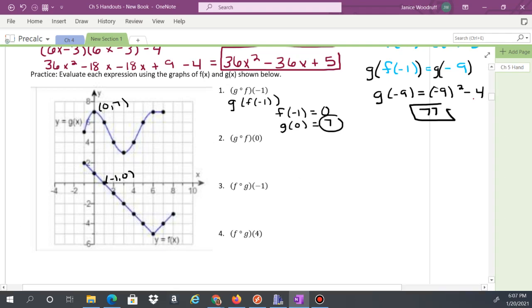And then same thing here, so g of f of 0. So start with f of 0. So 0 on the x-axis and the bottom graph is going to be 1. And then g of 1 is going to be, here's 1, 6.